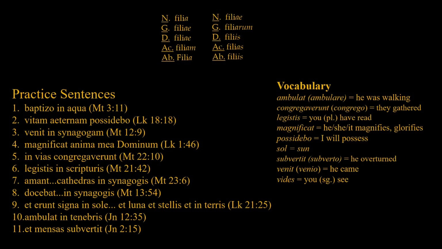They gathered in vias, in the road, right? In the streets, plural. And so why would that be in the accusative? Well, the idea is that some people are gathering. And what receives the action of that gathering? The idea is the streets, right? The streets or the roads are receiving the action of the people gathering. In vias congregaverunt. So vias there, accusative, plural.